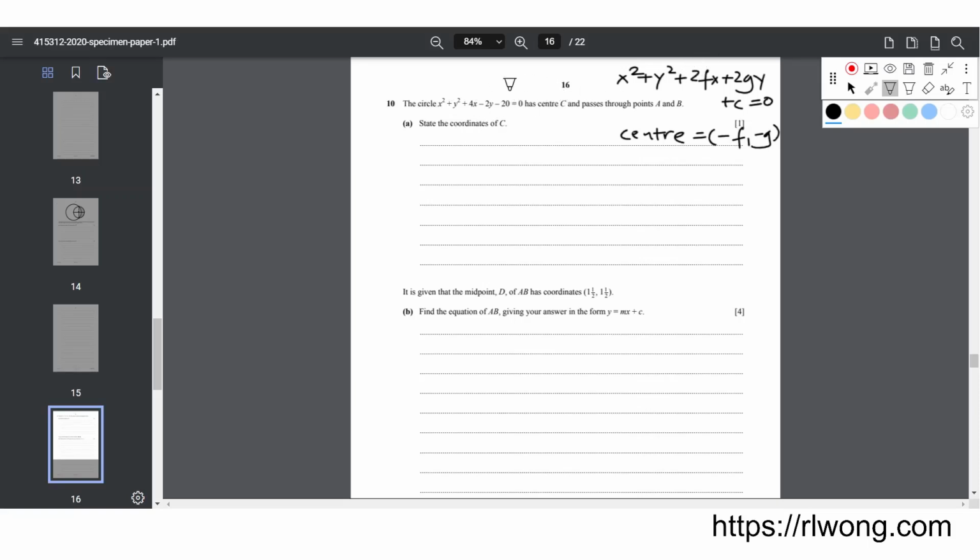So I know that my 2f is 4, my 2g is minus 2. So in other words, my f is 2, and therefore my minus f is minus 2.